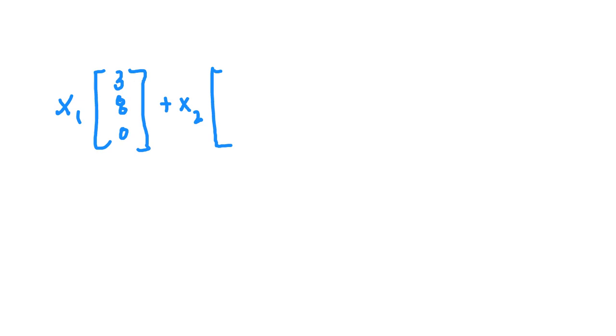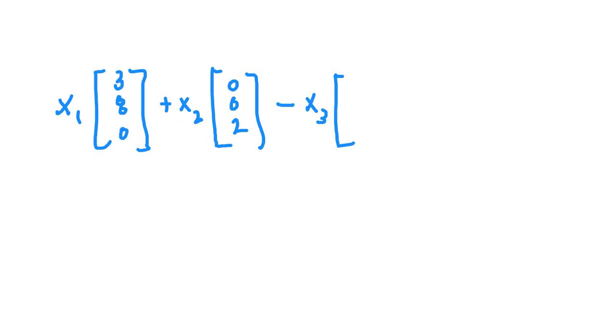I want to show you this. So we have x1 times the vector (3, 8, 0) plus x2 times the vector (0, 0, 2). And I'm going to bring over the other 2 vectors from the right side and put them on the left side.